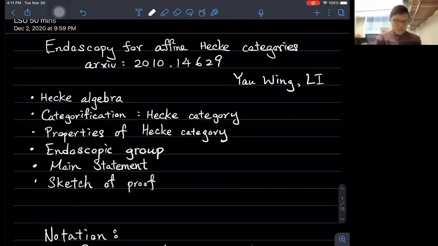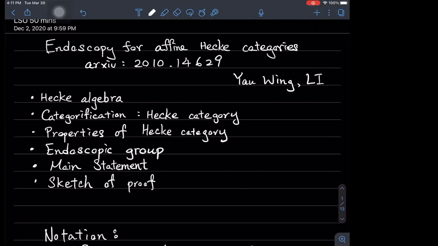First, I will talk about Hecke algebras and their generalizations. And then I will move one categorical level up. It's about Hecke category instead of algebra. I will mention certain properties of Hecke category, and then I will move on to talk about endoscopic groups, which play a huge role in my paper.